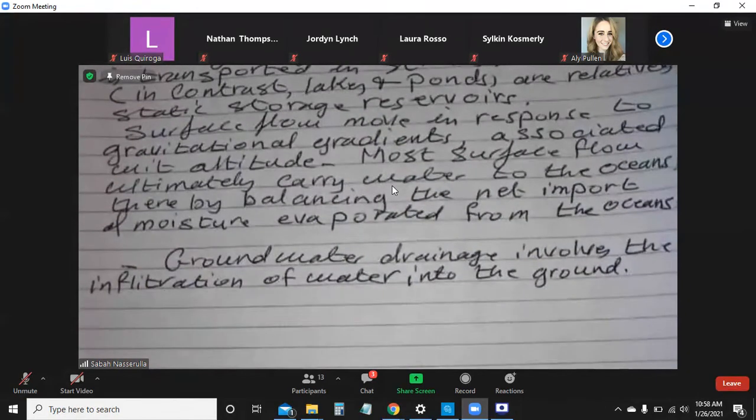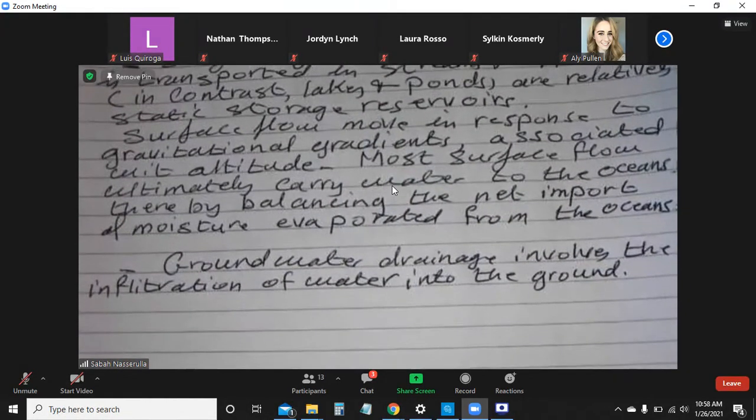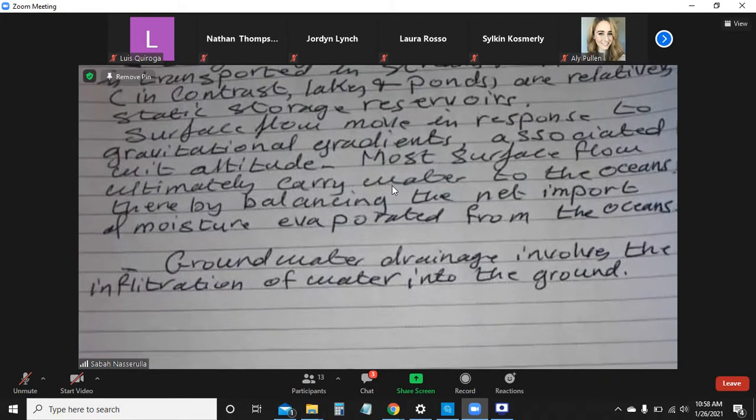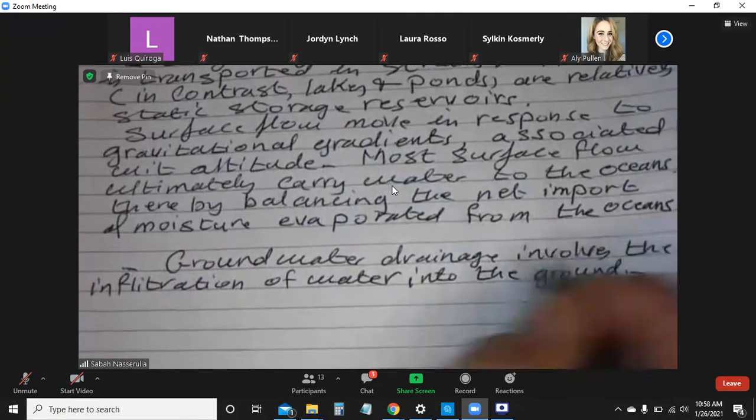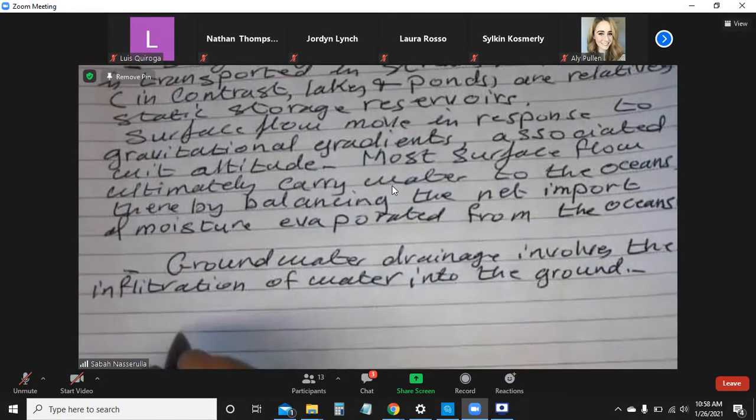Groundwater drainage involves the infiltration of water into the ground.